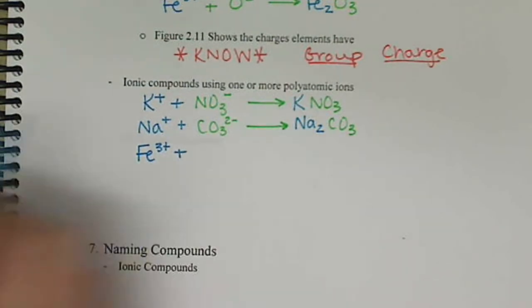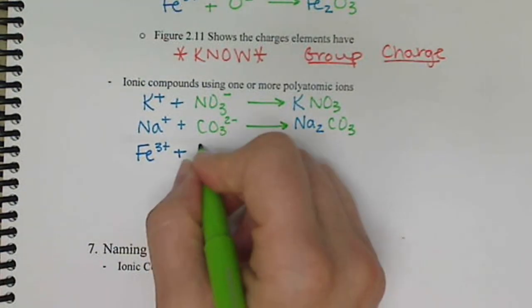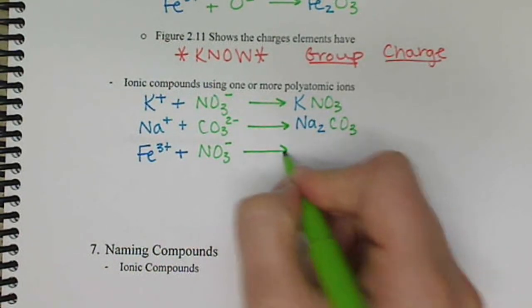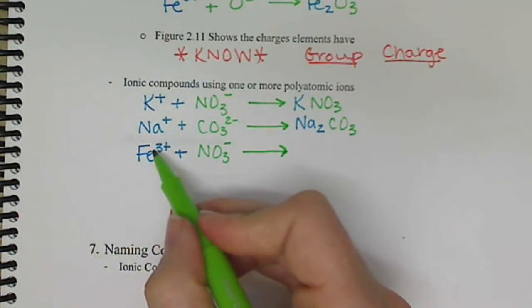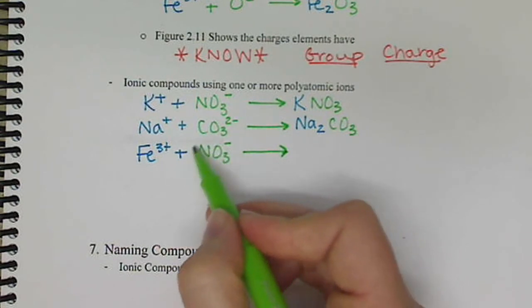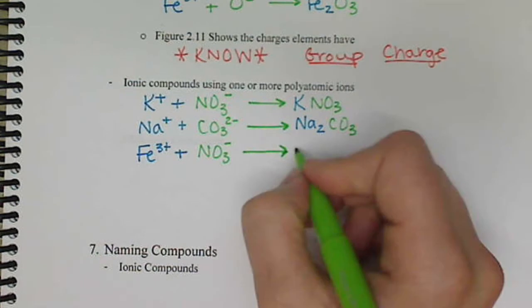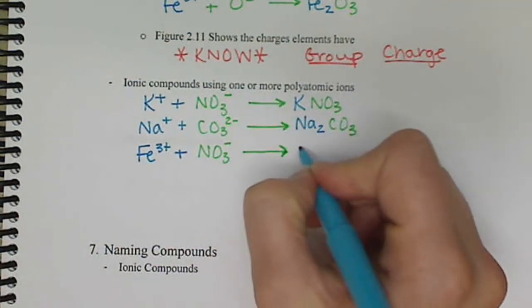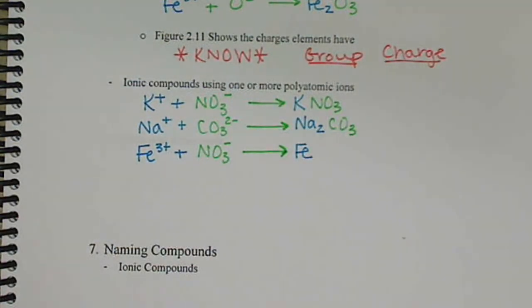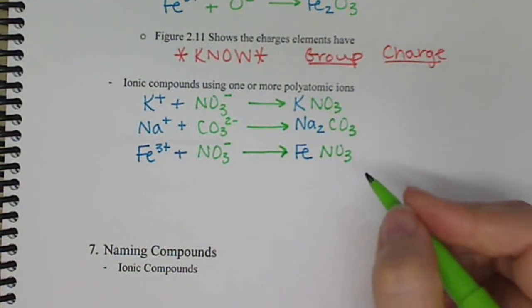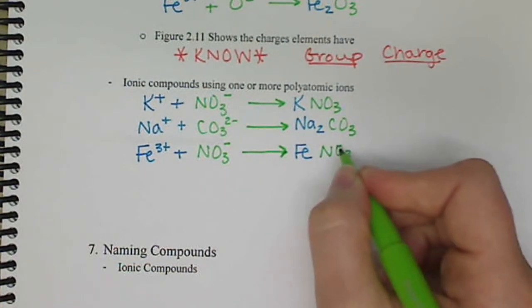When we need to represent more than 1 polyatomic ion, in this case, we need to represent 3 nitrates for every 1 iron here. So we have our iron. We still keep our NO3 together, but we need to represent that we need 3 NO3s.